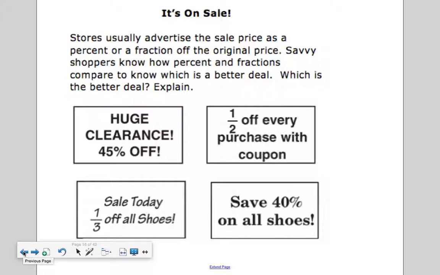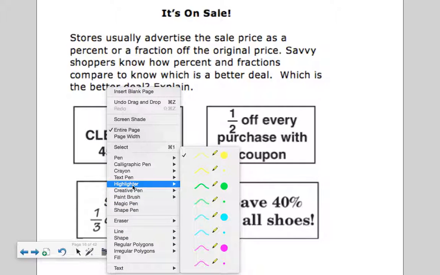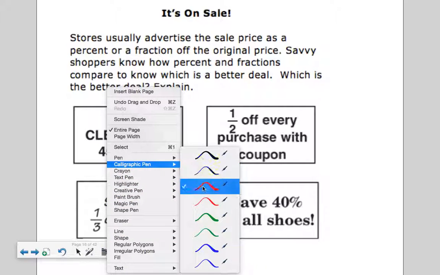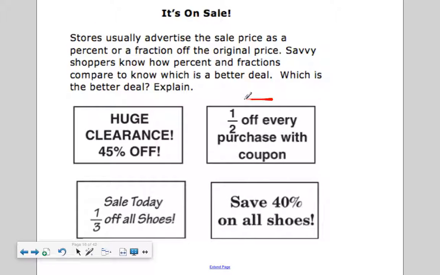Stores usually advertise the sales price as a percent or fraction of the original price. Savvy shoppers know how percents and fractions compare to know what is a better deal. Which is the better deal? Explain. Well, let me get my pen. I know half is like 50% off.